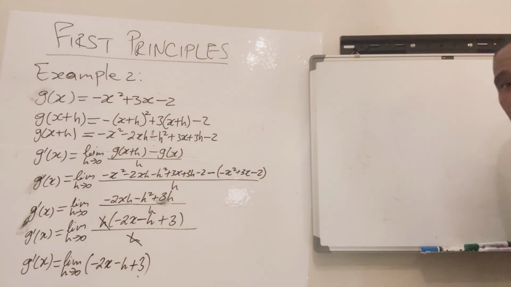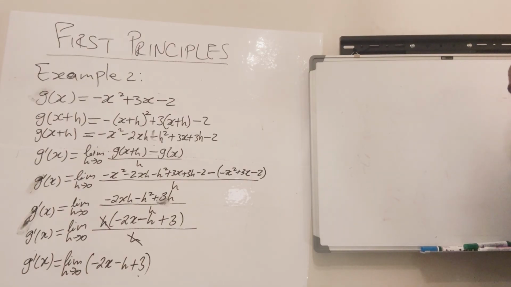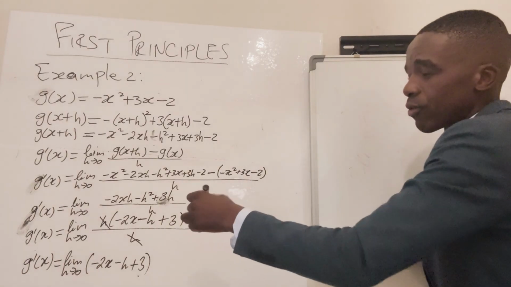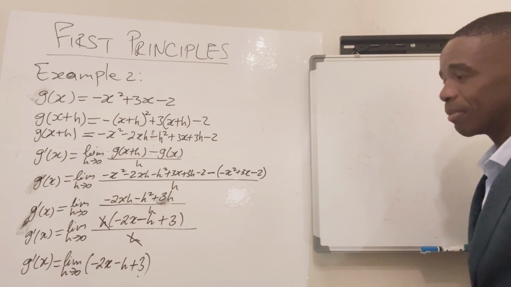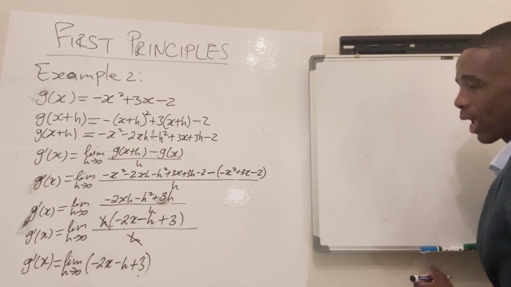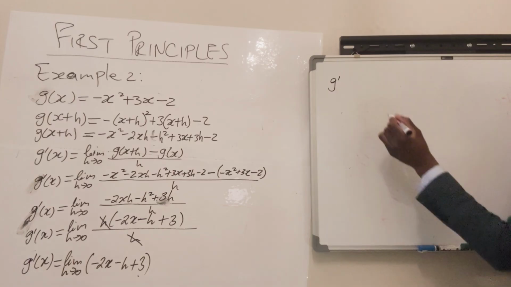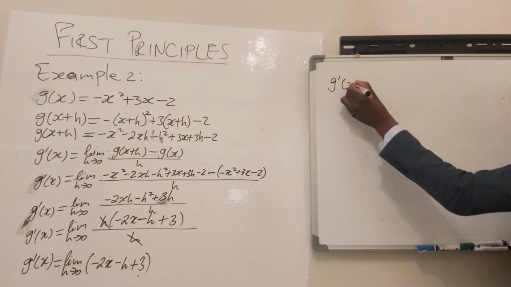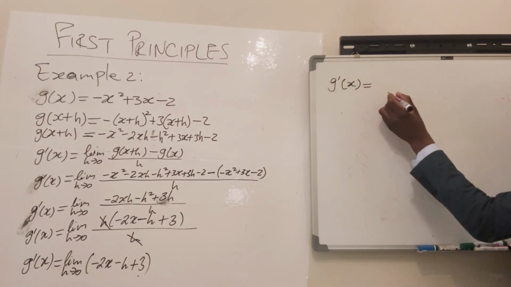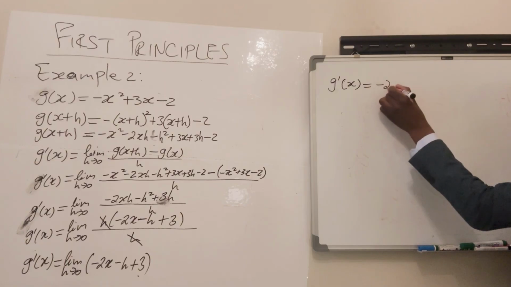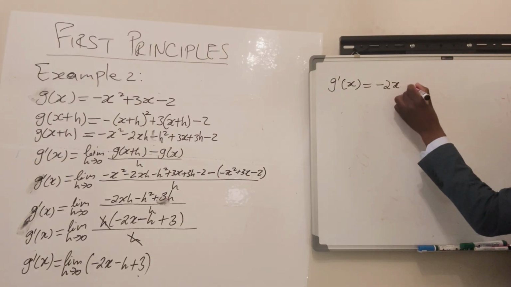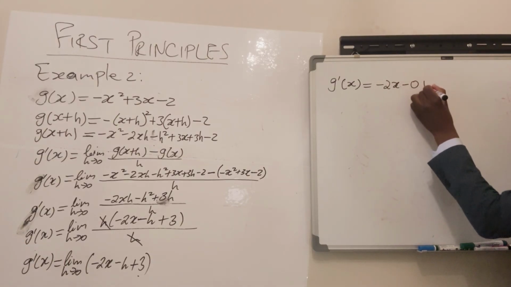Ladies and gentlemen, when we are here, now we need to get rid of the limit. So the h is going to be 0. So g prime of x is equal to minus 2x minus 0 plus 3.